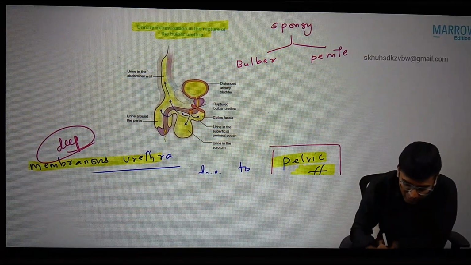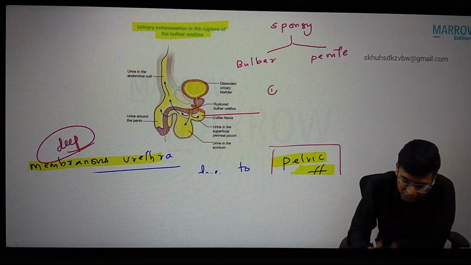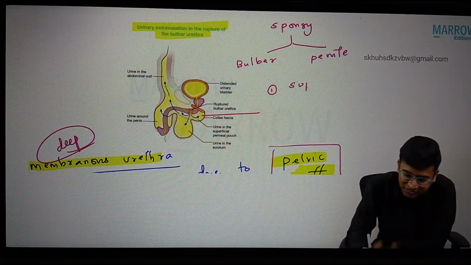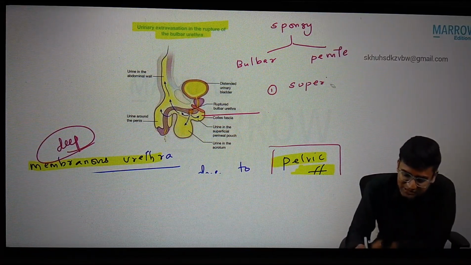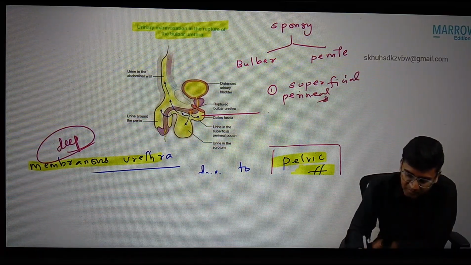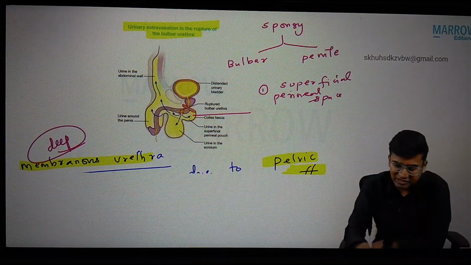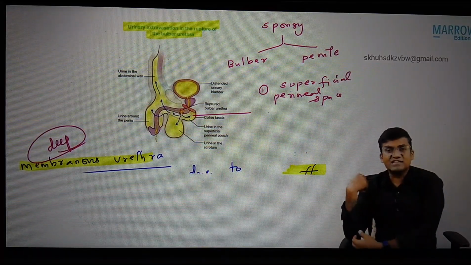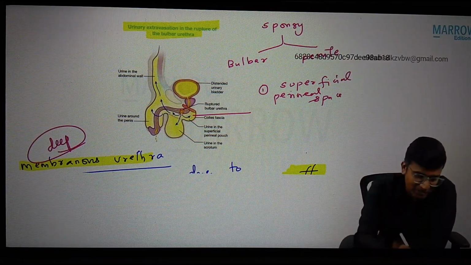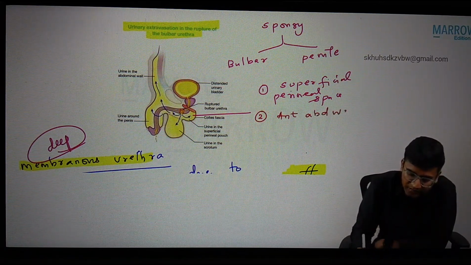Number one, the urine goes to which space? The urine extravasates to, number one, superficial perineal space. I told you in the beginning itself, the superficial perineal space in the front side is communicating with the anterior abdominal wall. So urine also goes to the anterior abdominal wall.